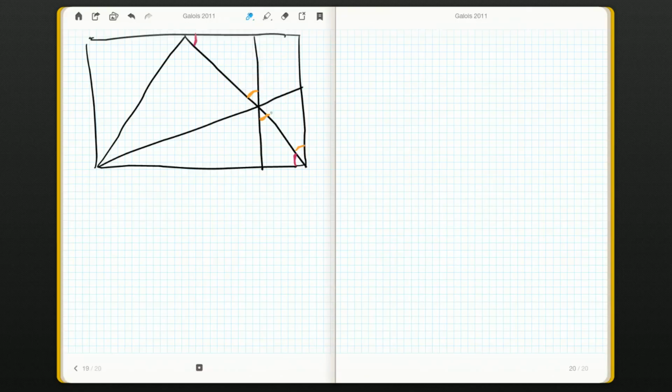So what I want to do is show that, I should really have names on this. So P's up here, B, A, Q, R, D, S, T, and there's C. What I want to show is that RQD is going to be equal to the orange angle as well.